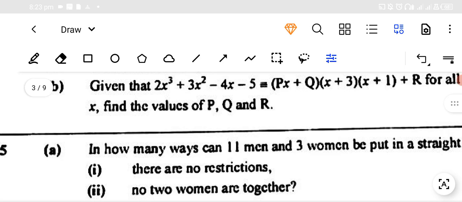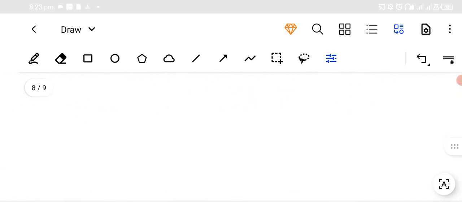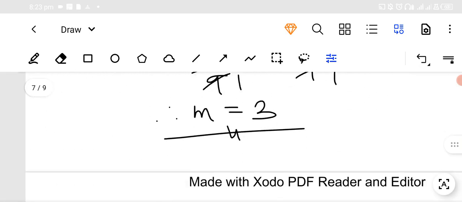2x cubed plus 3x squared. Is there a space this side? Okay, we just go to the next page.